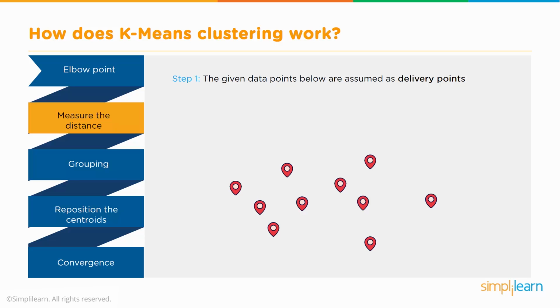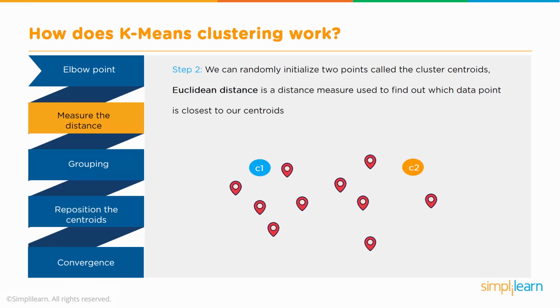Now that we have got the value of k, and let's assume that these are our delivery points, the next step is to assign two centroids randomly. Let's say C1 and C2 are the centroids assigned randomly. Now the distance of each location from the centroid is measured, and each point is assigned to the centroid which is closest to it.